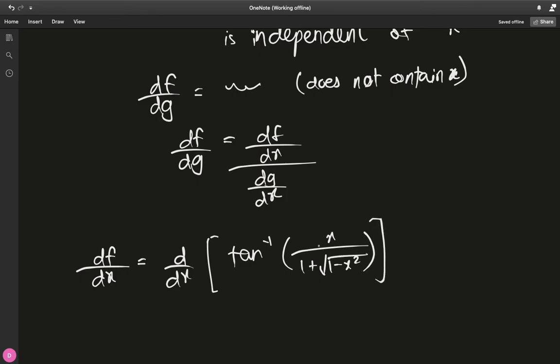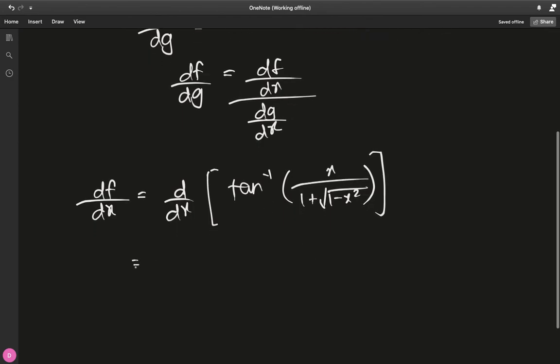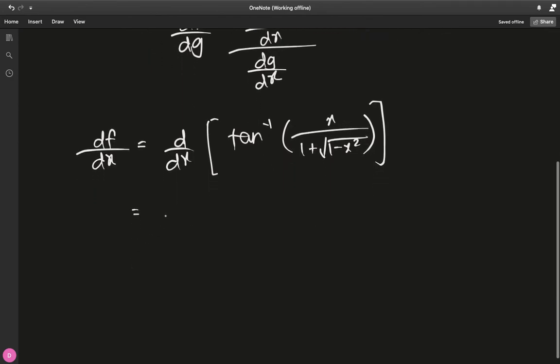I know we can do this by trigonometric substitution, but just for the sake of old times, let's do it with the classical way. So we have to use the chain rule first for the inverse tangent, and then to calculate the derivative of the inside part, the argument of the inverse tangent, we need to use the quotient rule. So it's going to be a big one.